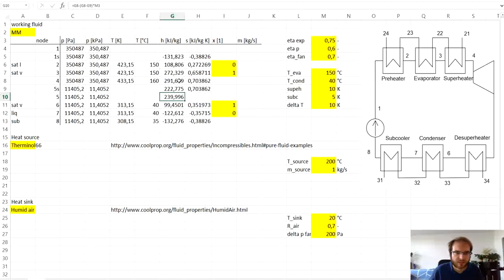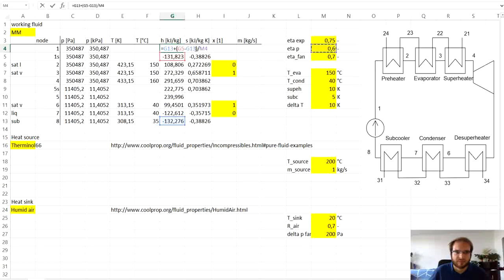Now similarly, it will go for the pump, but in the pump the enthalpy after the pump is the enthalpy before the pump plus the ideal difference in enthalpies, which, due to the efficiency of the pump, we need to have higher work input, so this enthalpy difference will be higher as a result of the efficiency.